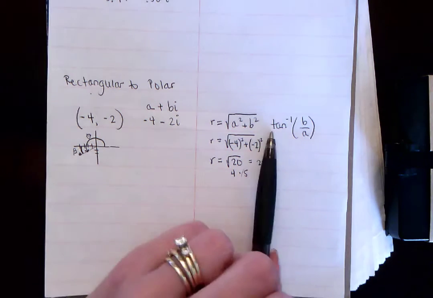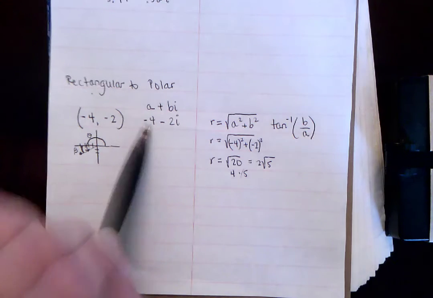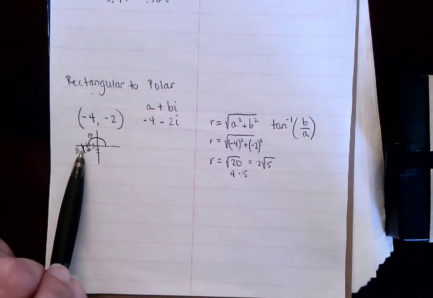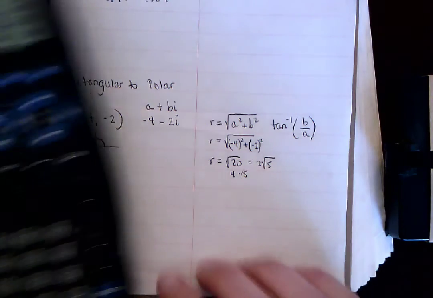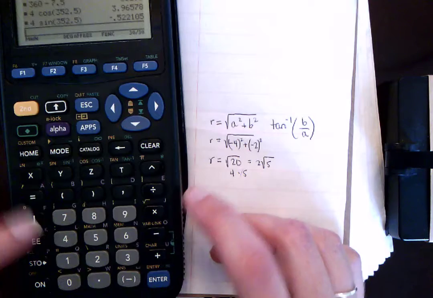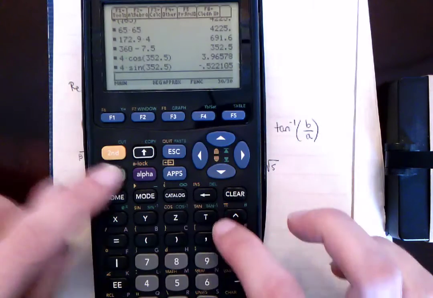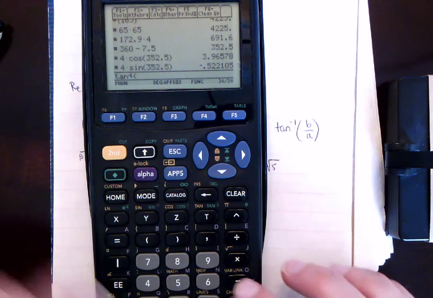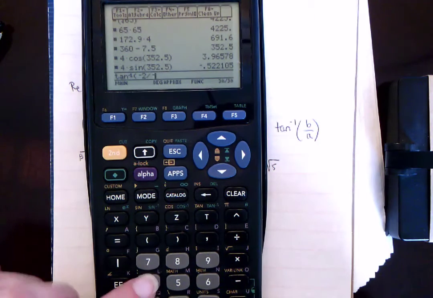And then, like I said, the inverse tangent of negative 2 over negative 4, that's going to give us this reference angle right here. And then we'll use that to find our angle. So again, on here, I'm going to do inverse tangent of negative 2 over negative 4.